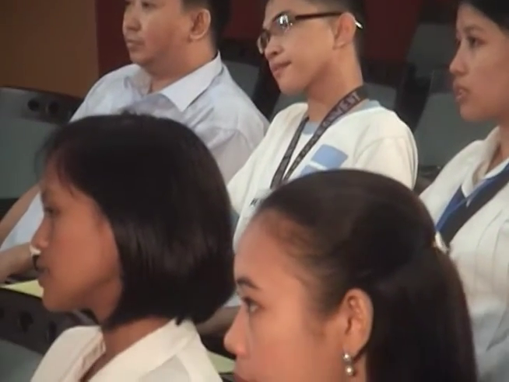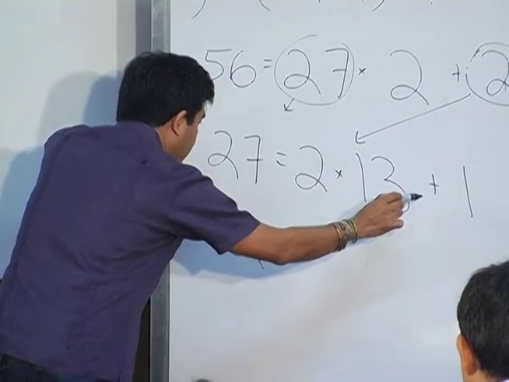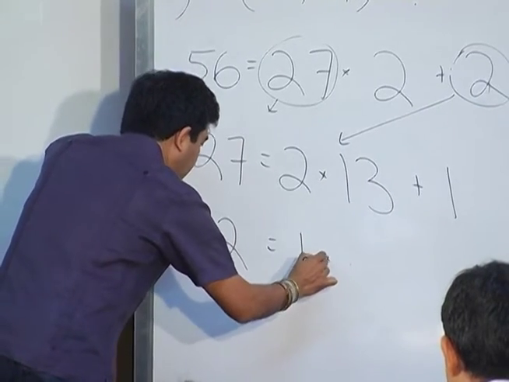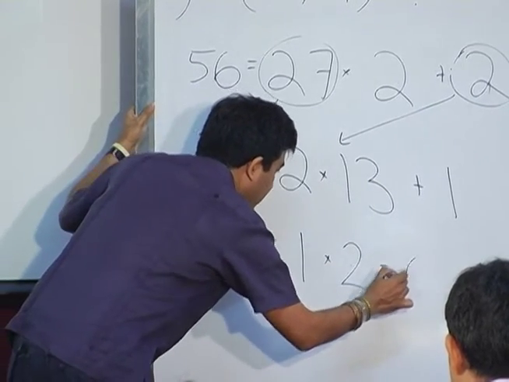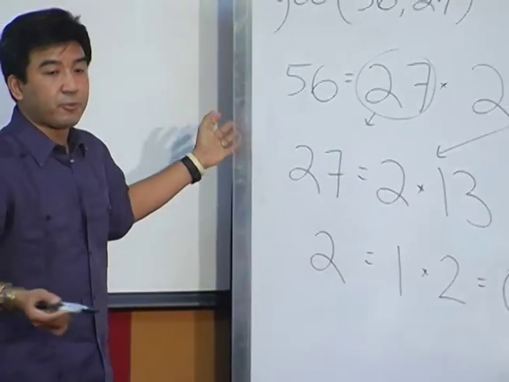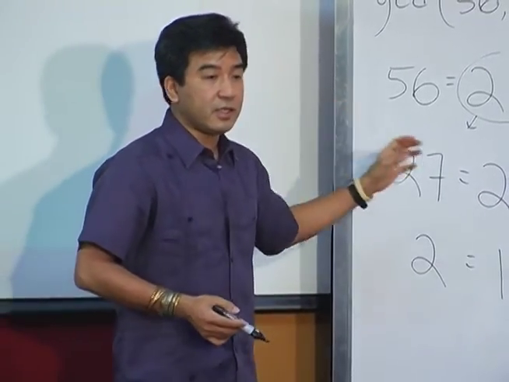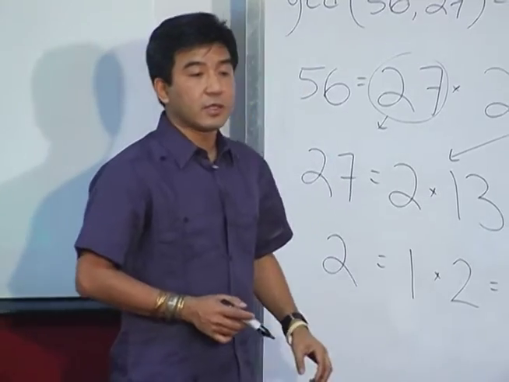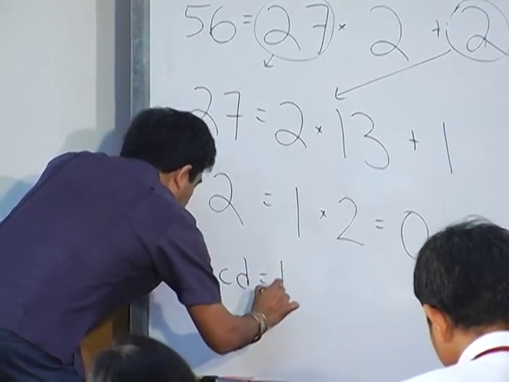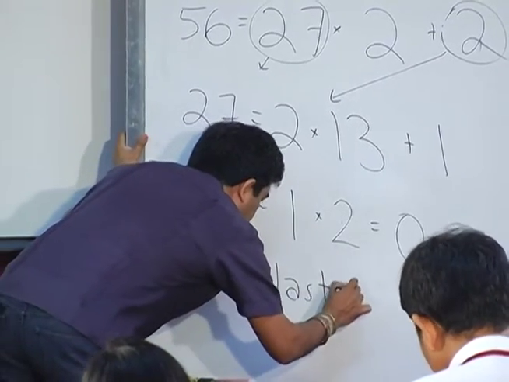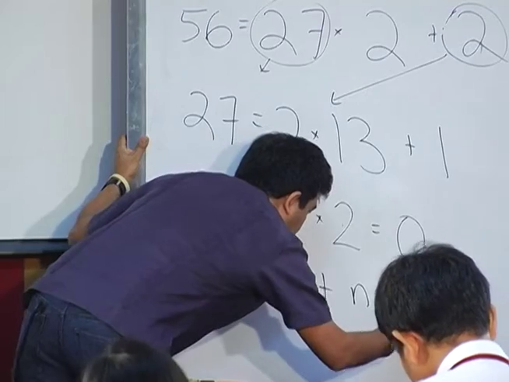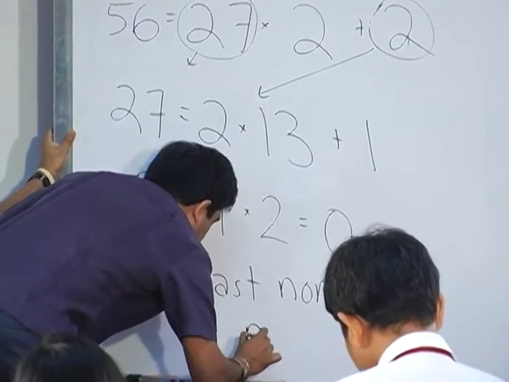The remainder we use as a divisor: 2 is 1 times 2 plus 0. Then the process stops. The GCD is always the last non-zero remainder.